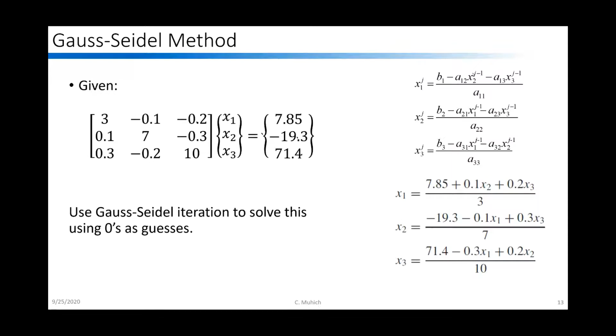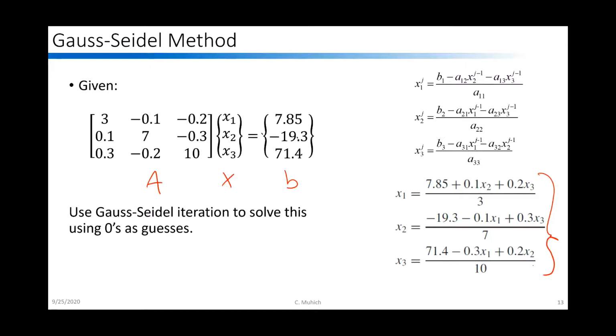We're going to go through the exact same problem that we had examined with the Jacobi method with the Gauss-Seidel method. So once again, I've written our A matrix, we have our X vector and our B vector written out, and then I've copied the set of equations that are going to govern x1, x2, x3.